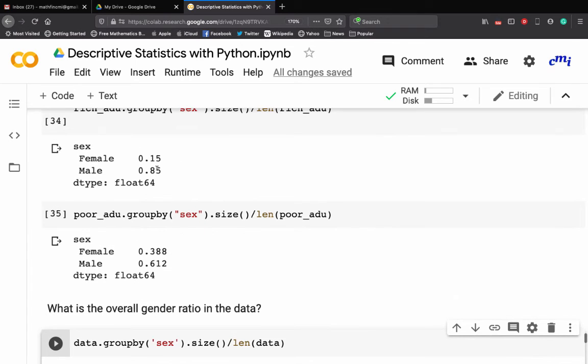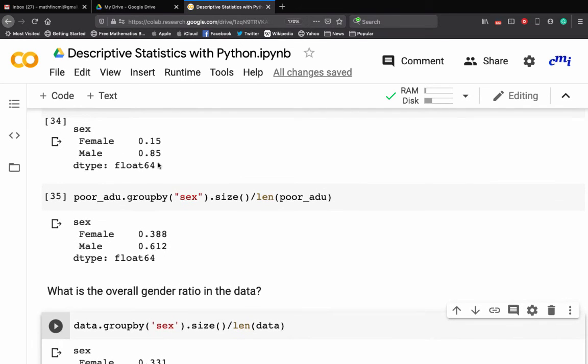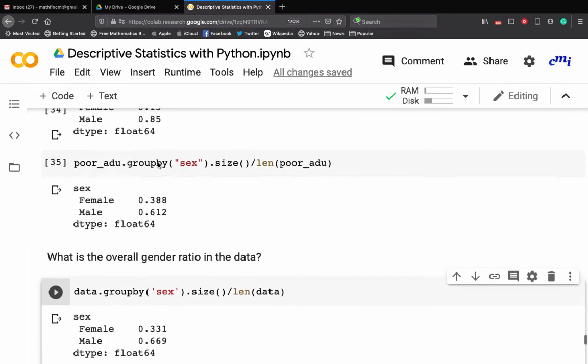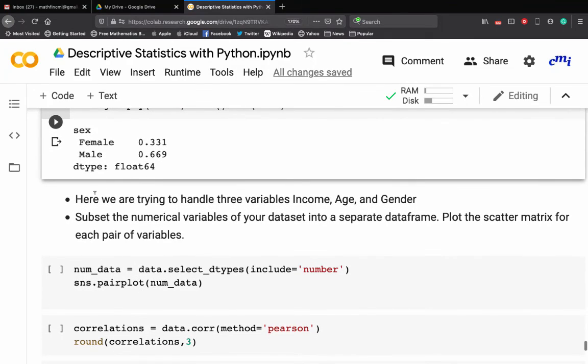But in the rich category, a very disproportionate amount of males are actually holding more income than the females. The females are much less represented in the rich category. So remember that here we are trying to handle three variables: income, age, and gender.